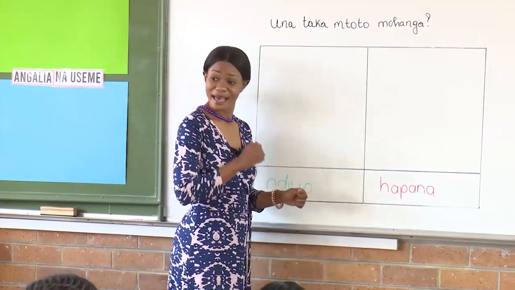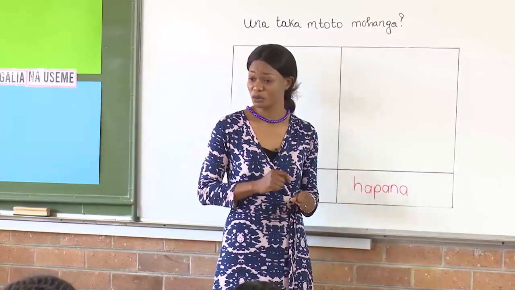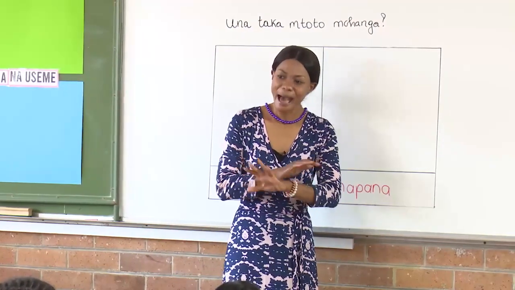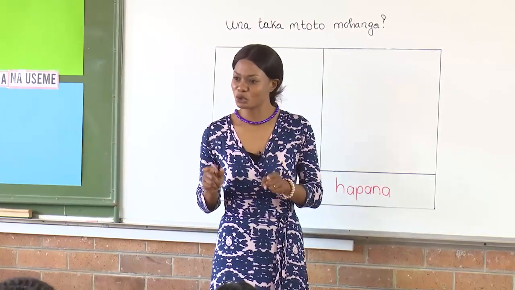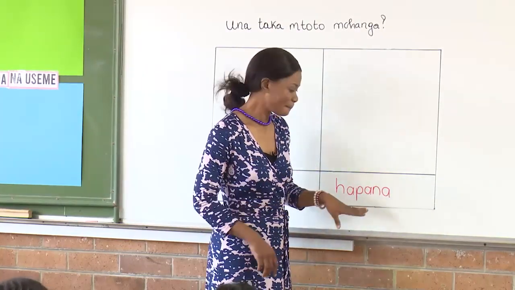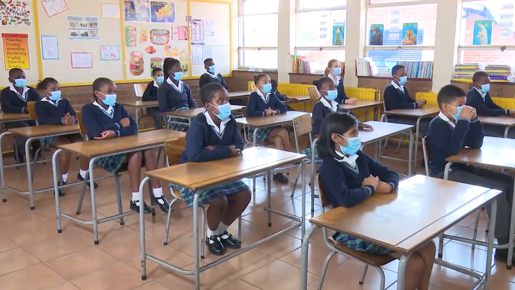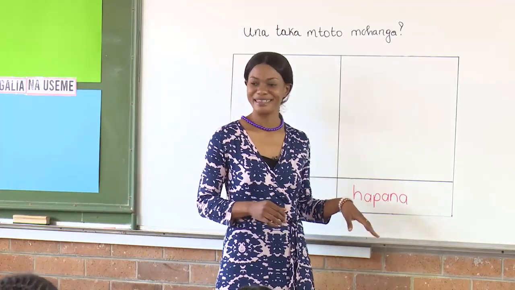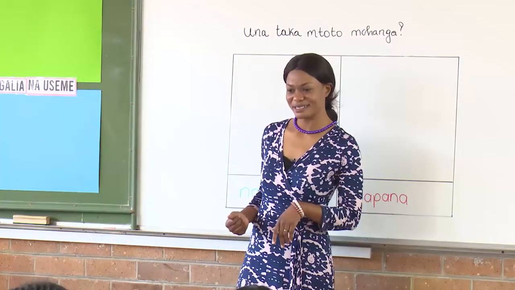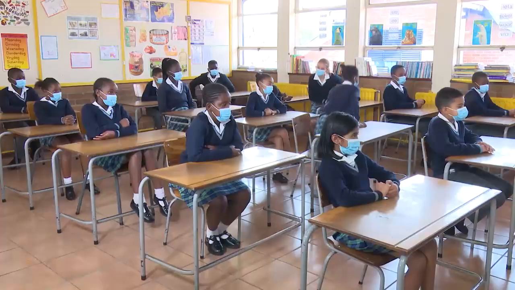Excellent. And the other way to answer, when you don't want a newborn baby, you say, hapana, sitaki mtoto mchanga. Say after me, hapana, sitaki mtoto mchanga. Okay, now group 1, come forward and give me your answers.